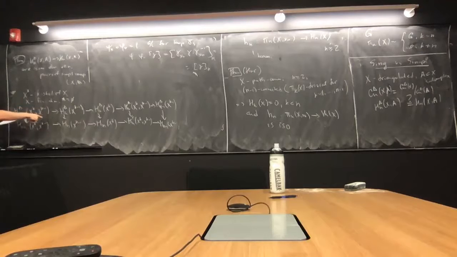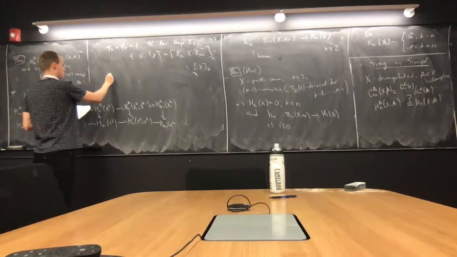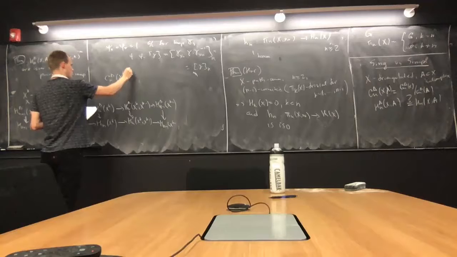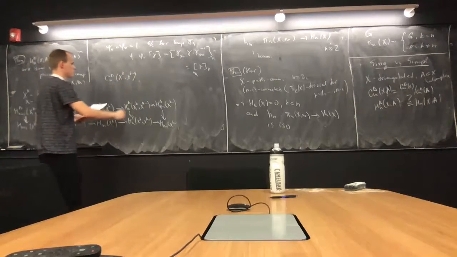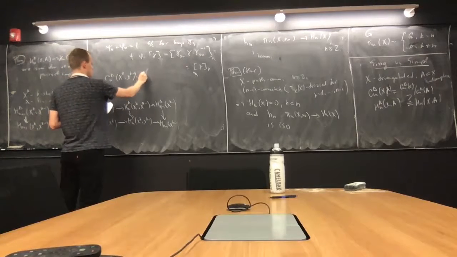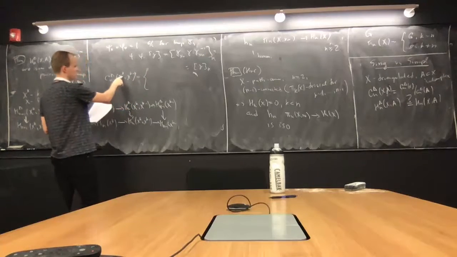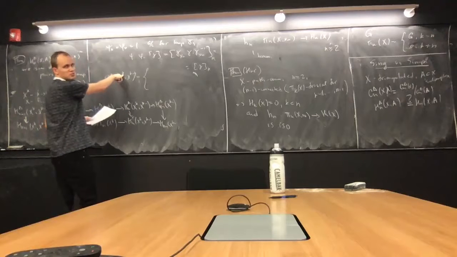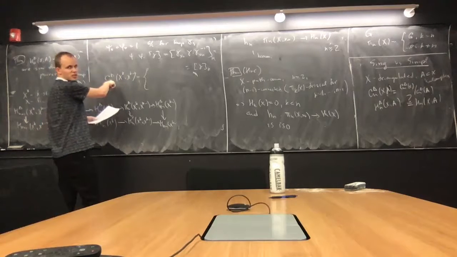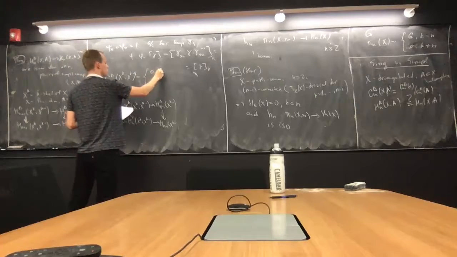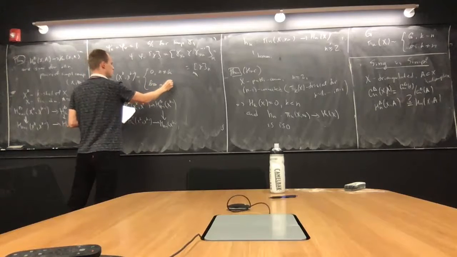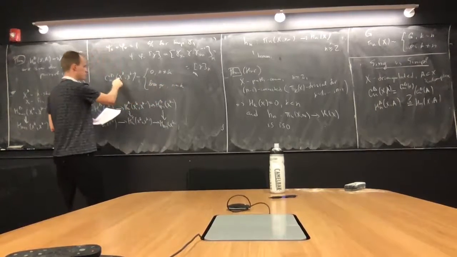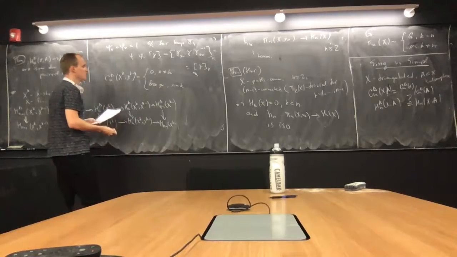What are these relative chain groups? They're just a bunch of spheres glued together. This contains only k simplices, so this is 0 if n is not equal to k, and this is a free group if n equals k, generated by all k simplices in here.